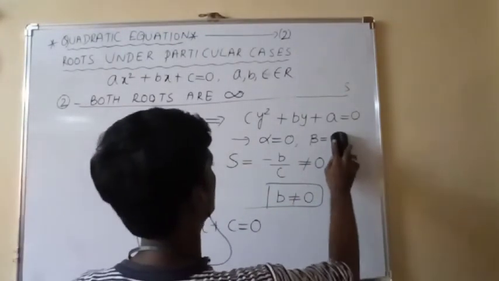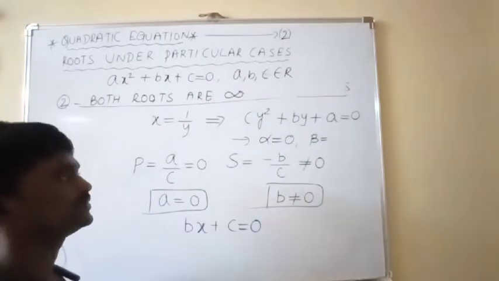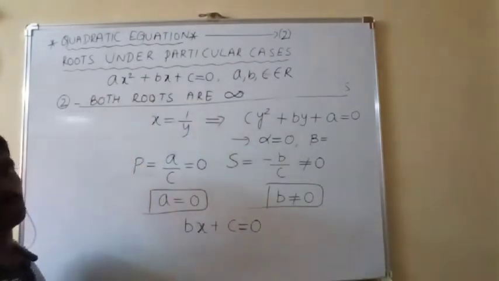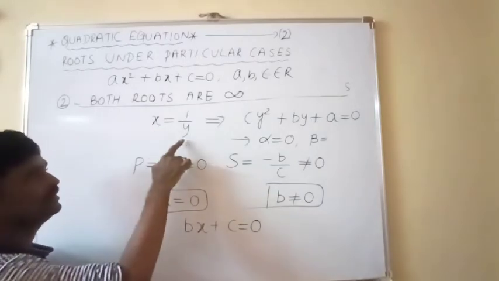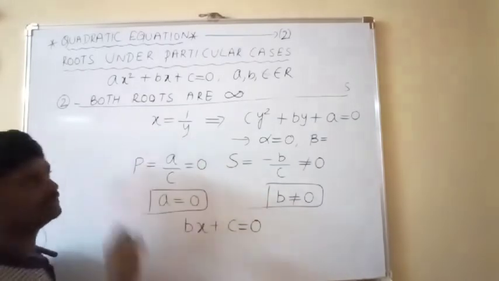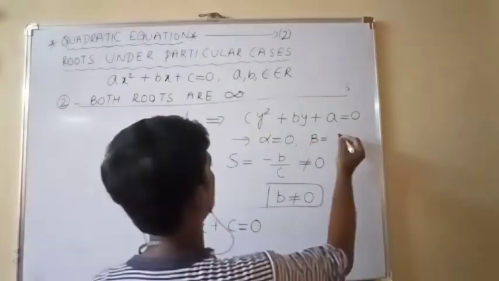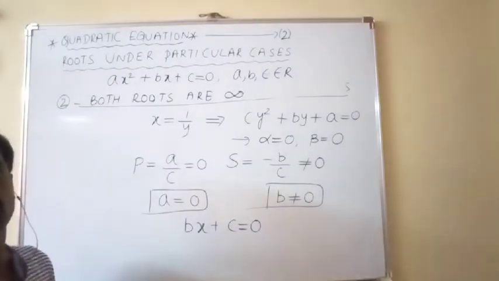When both roots are infinity, by putting x is equal to 1 by y, the equation reduces to this form. As both roots of this quadratic equation are infinity, that means both values of x are infinity, then both the values of y will be 0. Thus, for this new quadratic equation, both roots must be equal to 0.